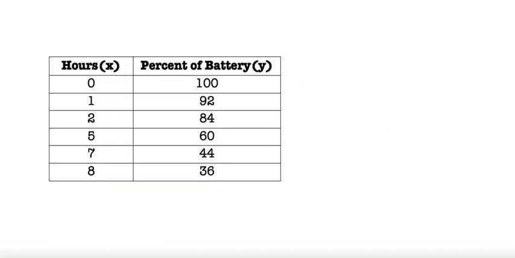And here's our final example. In this case, x represents the number of hours and y represents the percent of battery. So here, our y-intercept is 0, 100.